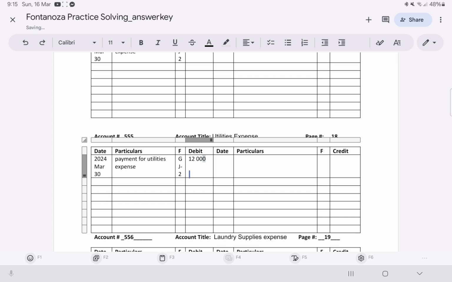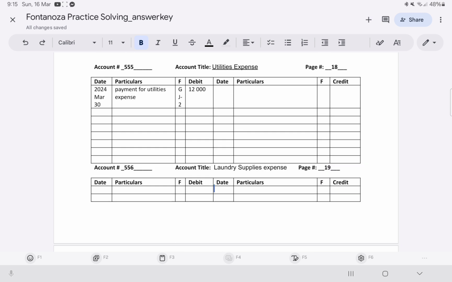So you should be careful in posting to the ledger. And of course the date, the particulars, the folio, the debit and credit, all the data that is needed, you should not forget, because you might be wrong. So check each item individually, including the account number, account title, and page number.